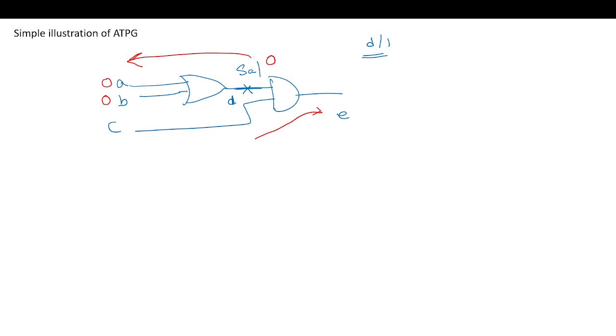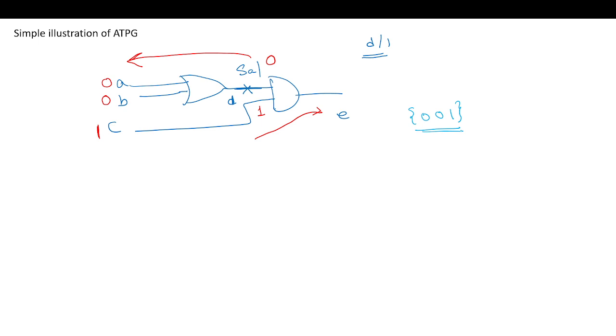Okay, so we have excited this fault. Now we want to propagate this fault. To propagate this fault, we want a non-controlling value here, so we need to apply 1 at C. So the required test pattern is 0, 0, 1.